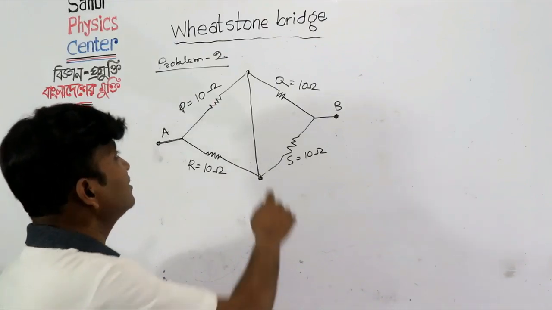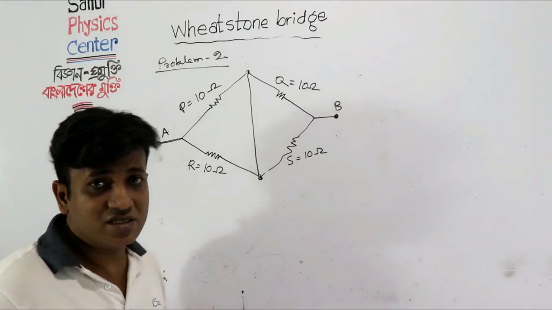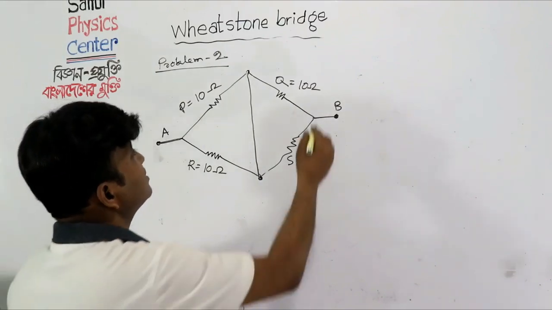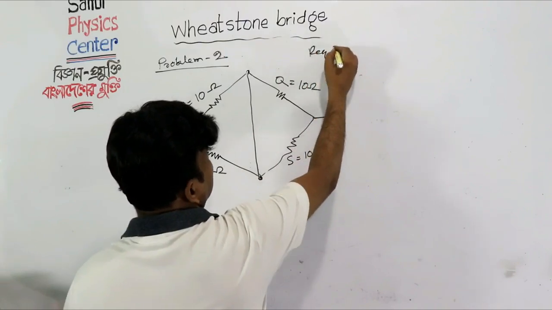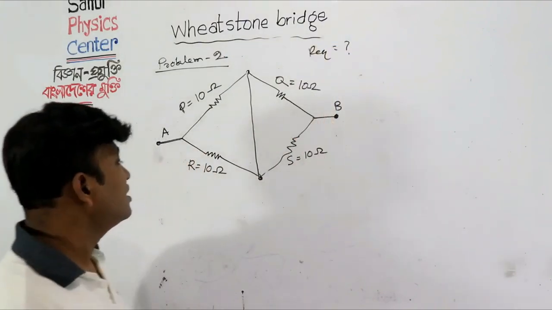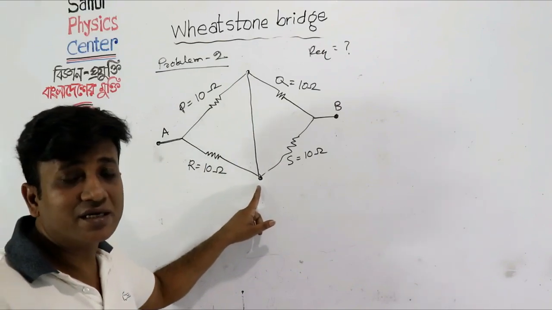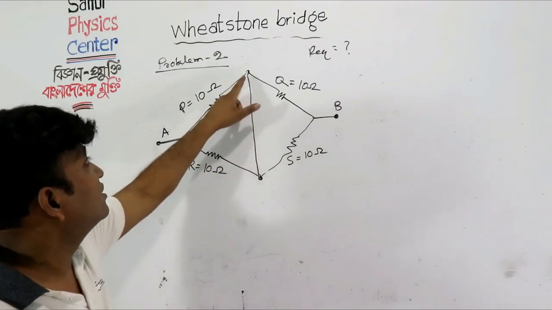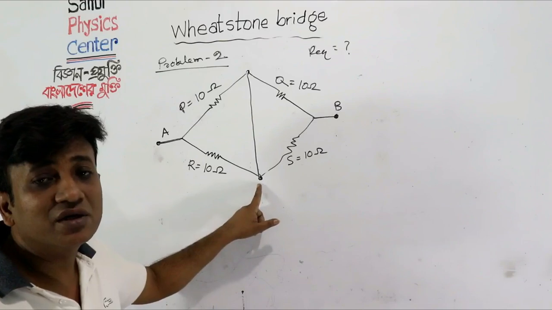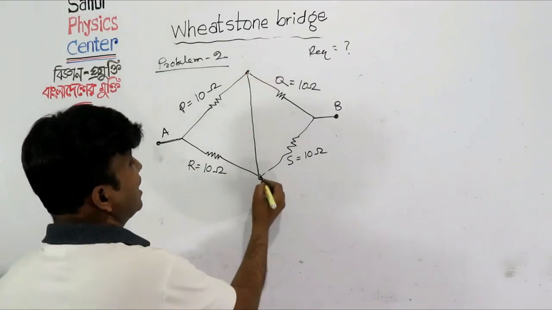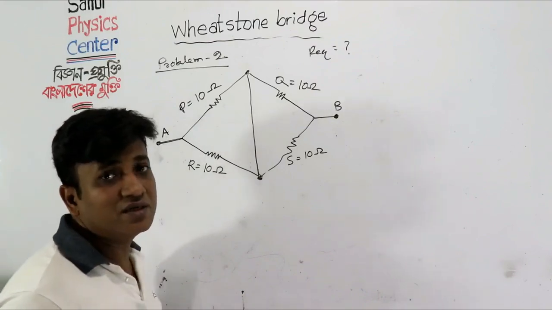That is, here the line is shorted. Then what will be the equivalent resistance of this circuit? As these two points are shorted, the potential here and this potential will be the same.